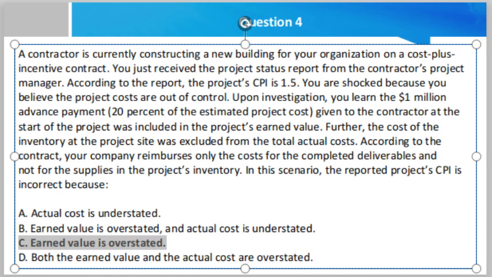The inventory is an asset for the contractor until it is consumed on the project, and at that time it becomes a cost of the project. Hope friend it was a good question.